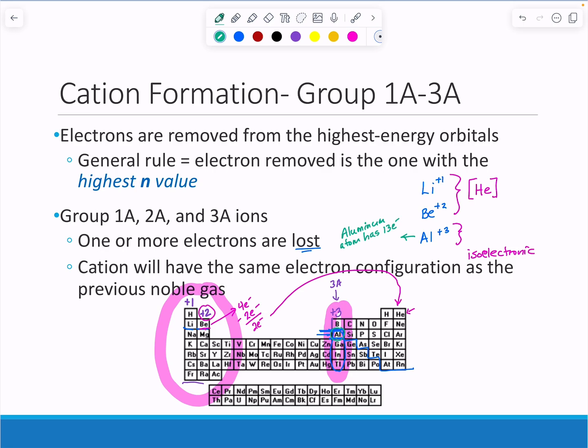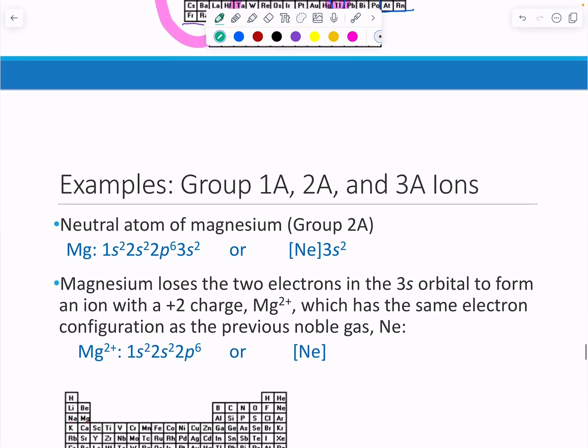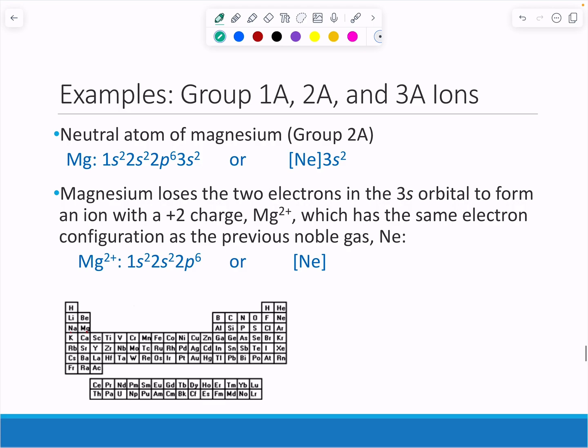The Al +3 ion has 3 fewer electrons than that, so that will have 10 electrons. Which element has 10 electrons? That's atomic number 10, neon. So the aluminum 3+ ion is isoelectronic with neon. Okay. All right.